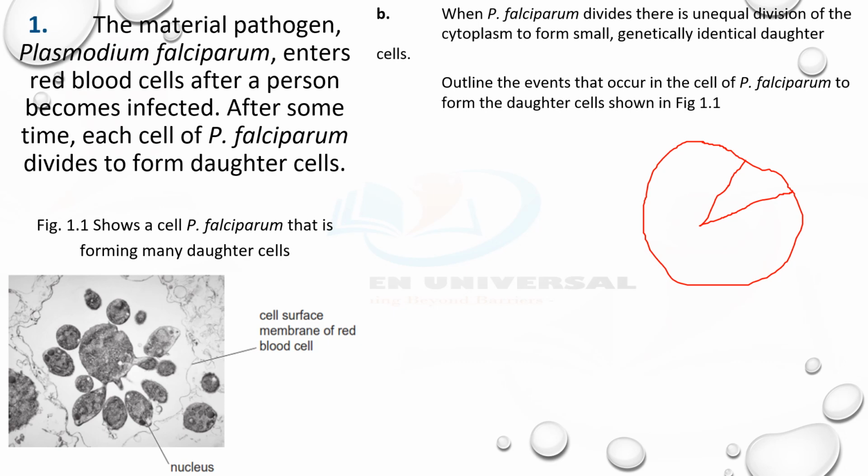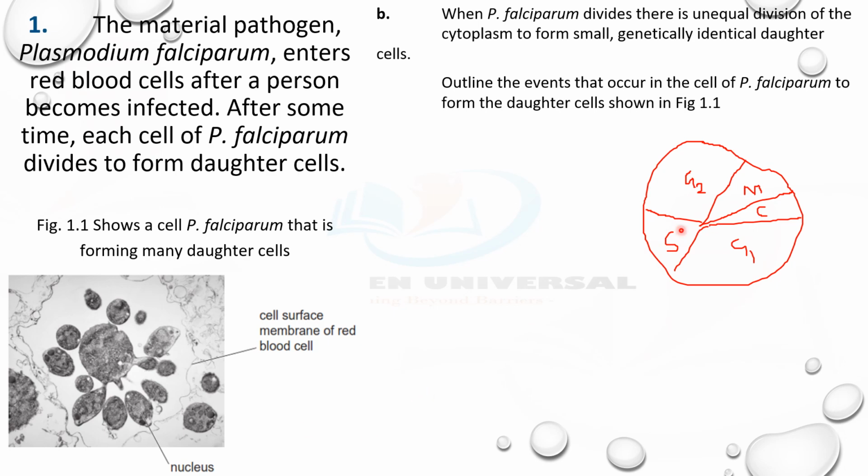So this is mitosis, M. That is cytokinesis. That is G1, that's S phase, and that's G2. So you can see that, right?